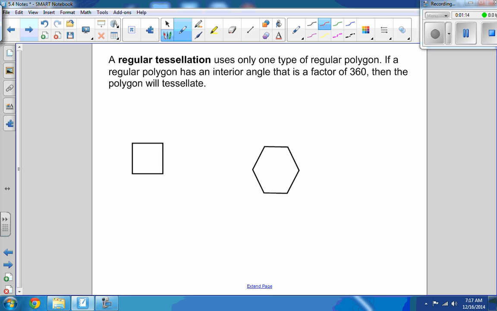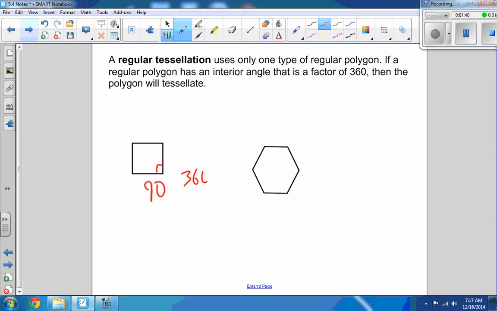A regular tessellation uses only one type of regular polygon. And we can determine what regular polygons will make a regular tessellation: if a regular polygon has an interior angle that is a factor of 360, then that polygon will tessellate. Well, we know a square's angles are all right angles, so it's 90. Is it a factor of 360?